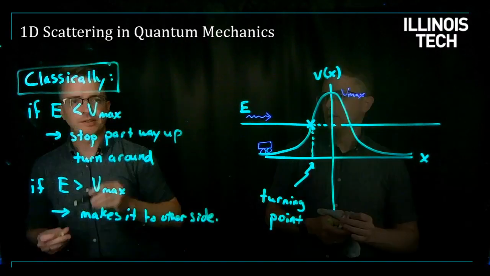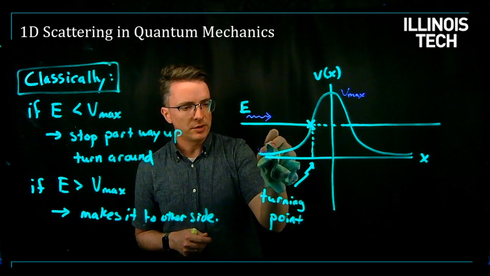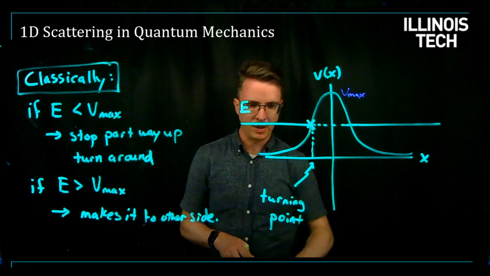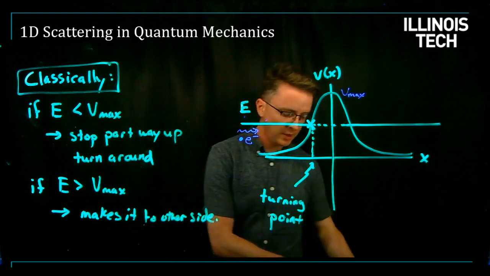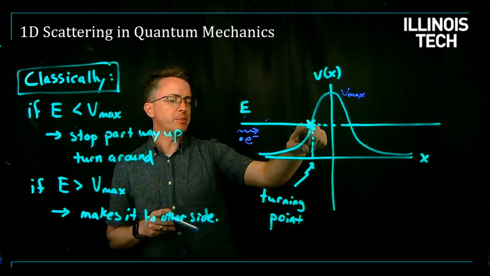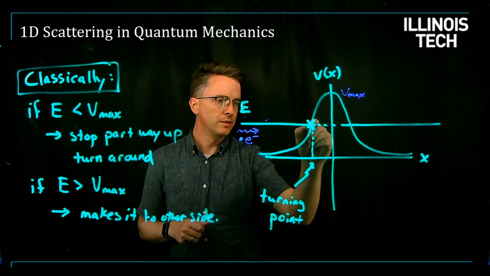That's what happens classically. Now the question is, what if this is not a car, but a quantum particle? Let's say some electron. We know that in quantum mechanics things are not so simple. There's a probability that it can actually make it through here.